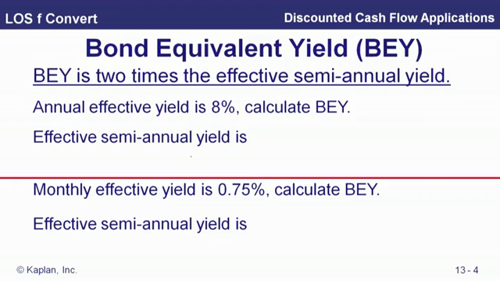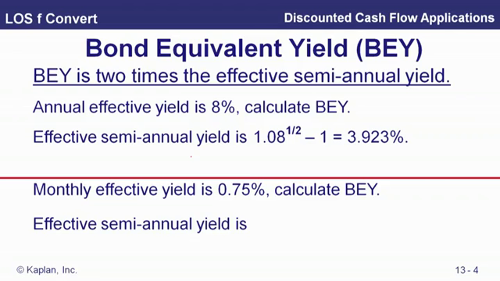So our effective semi-annual yield is, well, here we're going backwards, right? Where you're given not the stated rate, but you're given the annual effective rate. So the question becomes, what semi-annual rate compounded twice a year gives you an effective annual rate of 8%? So we're just going to take what we know and work backwards here.